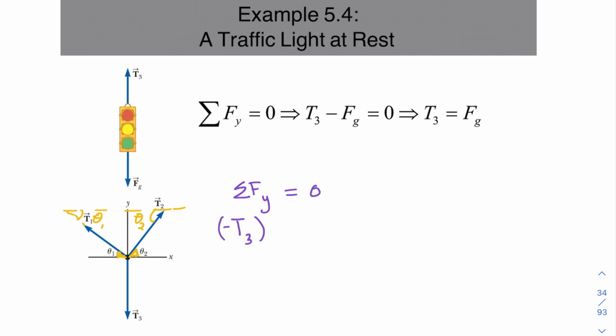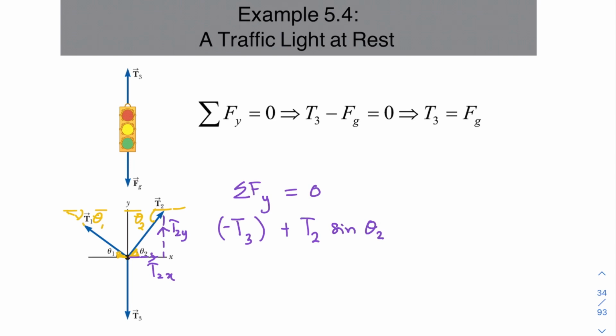Now we have T2, and the components of it are going to be T2y here, and T2x here. T2y is positive, but it's not simply T2, it must be T2 sin theta 2.